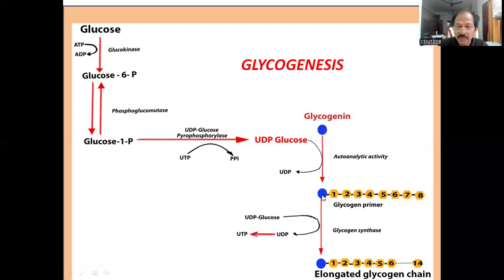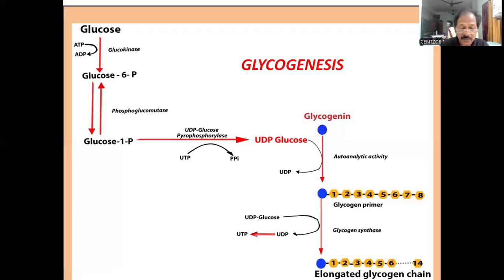On the glycogenin protein, one glucose is added, then further glucose molecules, up to 8 glucose molecules, will be added by the extension activity of the glycogenin protein itself. So it is further extended by other glucose molecules from the UDPG itself.